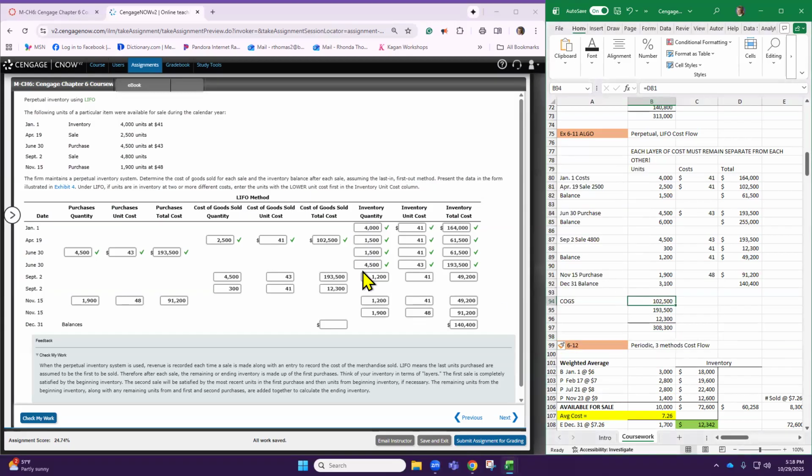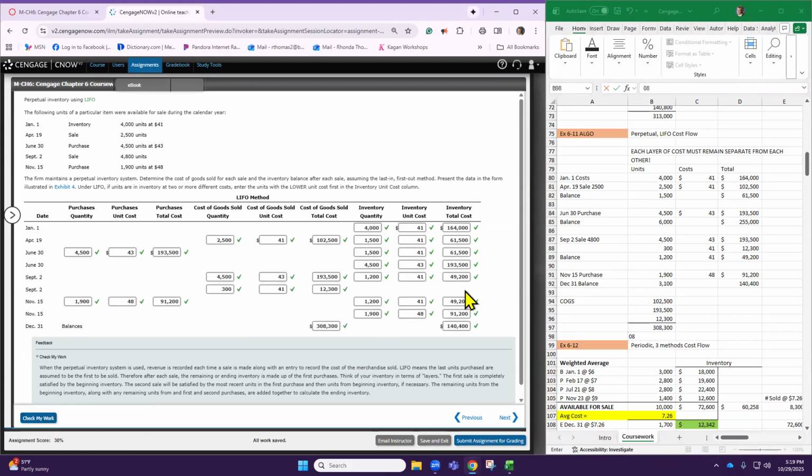All right, so the cost of goods sold, the first sale, 102,500. The second sale, 193,500, and the second part of the second sale is 12,300. So altogether, our cost of the goods that we sold for the whole year, let me go ahead and check, $308,300. Okay, that looks okay.